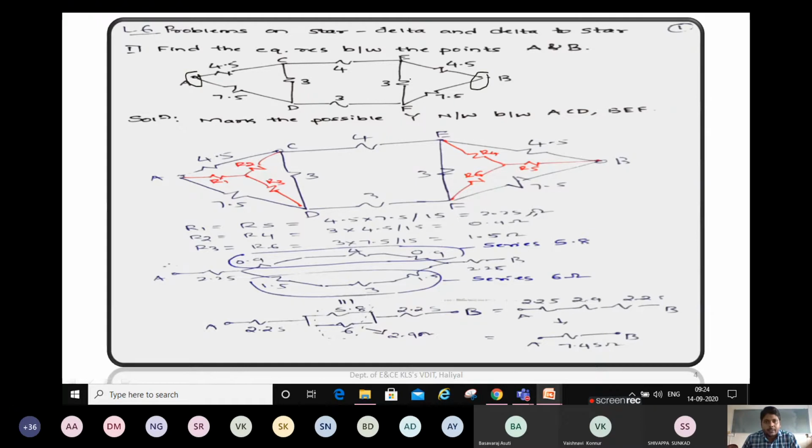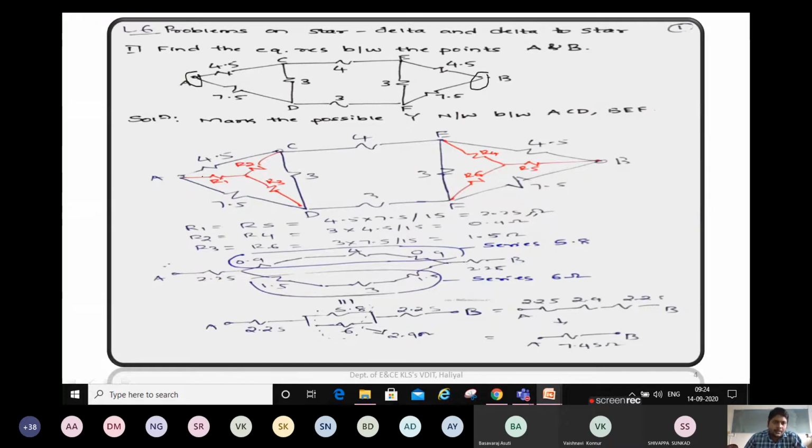Next, on the left and right hand side, we have things given in delta condition: 4.5 ohms, 3 ohms and 7.5 ohms. Similarly here. And luckily the values are the same on both sides. So if you compute for one side, the other side you can easily calculate.